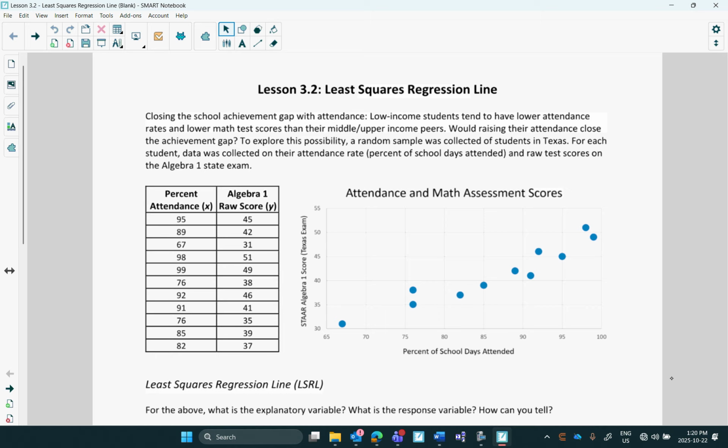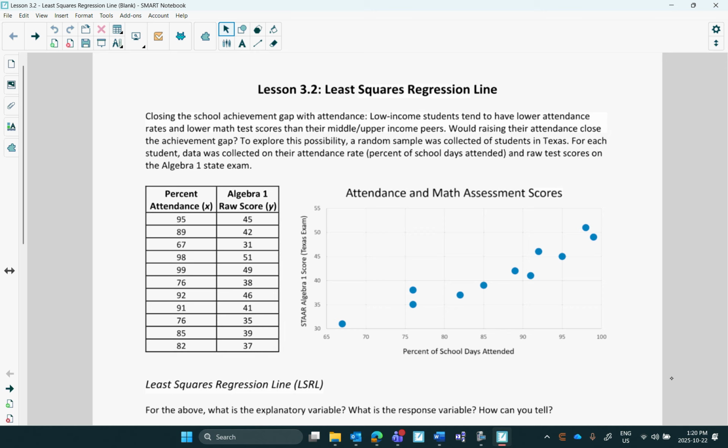To explore this possibility, a random sample of students was collected in Texas. For each student, data was collected on their attendance rate, in terms of the percent of school days they attended, as well as a raw test score on a state exam, which would be kind of equivalent to a provincial exam for us.